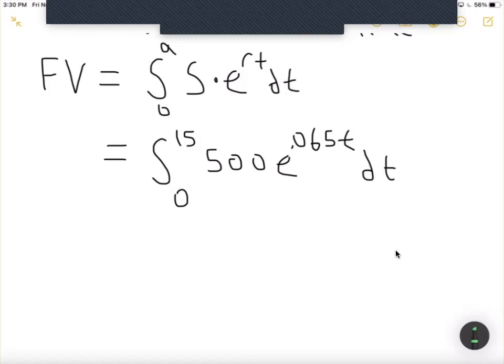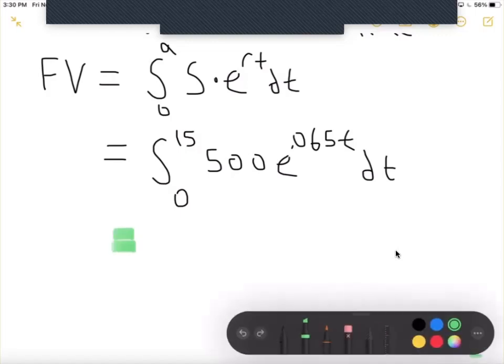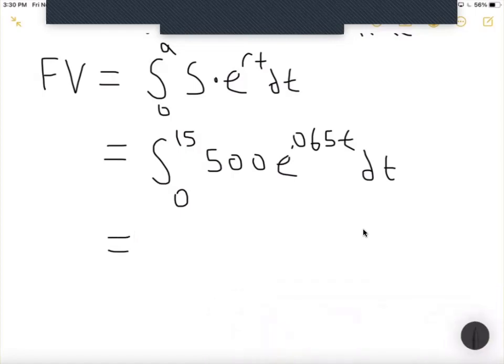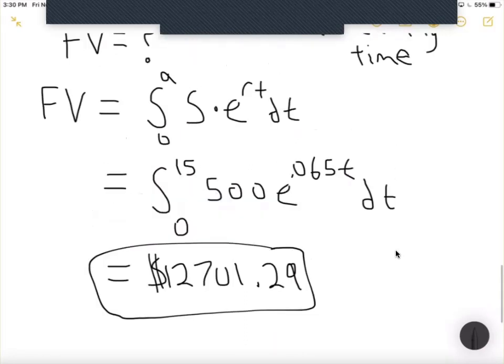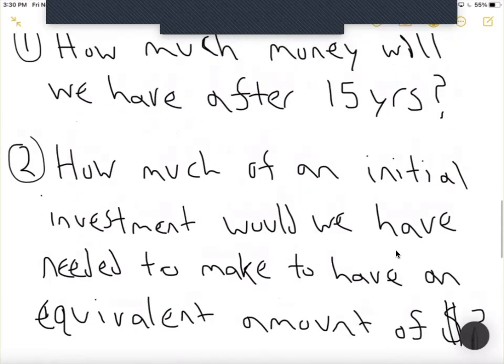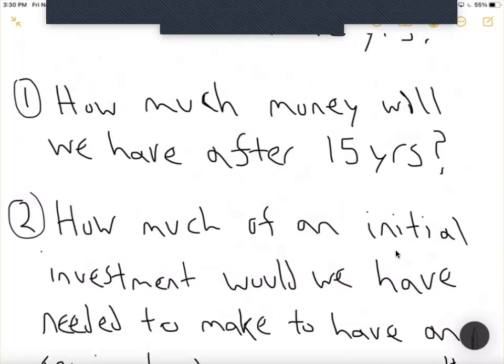And we get that this investment of $500 each year is equivalent to ending up with $12,701.29, which is pretty cool because actually in total we are investing $7,500, but because of interest, that $7,500 of total investments ends up resulting in $12,700. So that's the answer to question one.